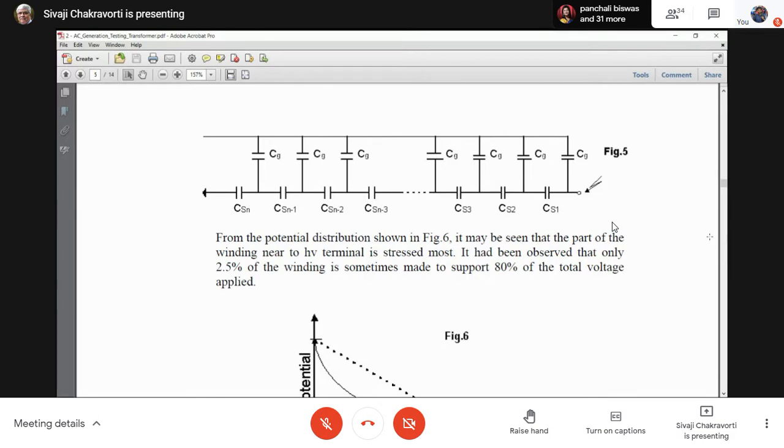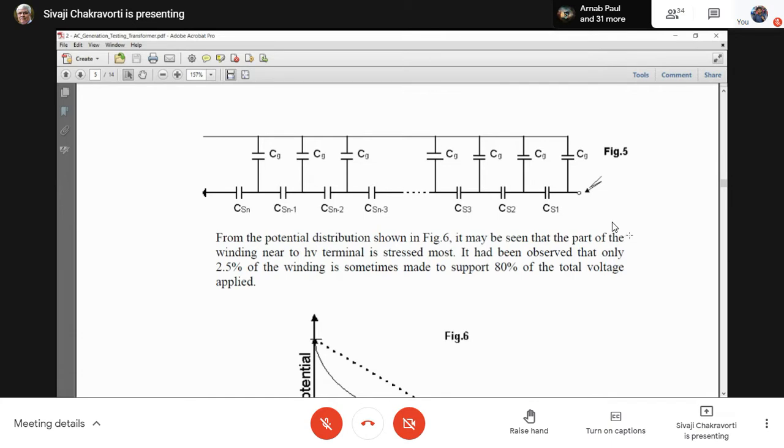Let's say I1 is flowing through the high voltage terminal, that means the rightmost terminal. This I1 is flowing through CS1. Therefore the voltage drop across CS1 is VS1, and this VS1 is I1 into 1 by omega CS1. Then out of this I1, a small amount of current goes to R through CG.